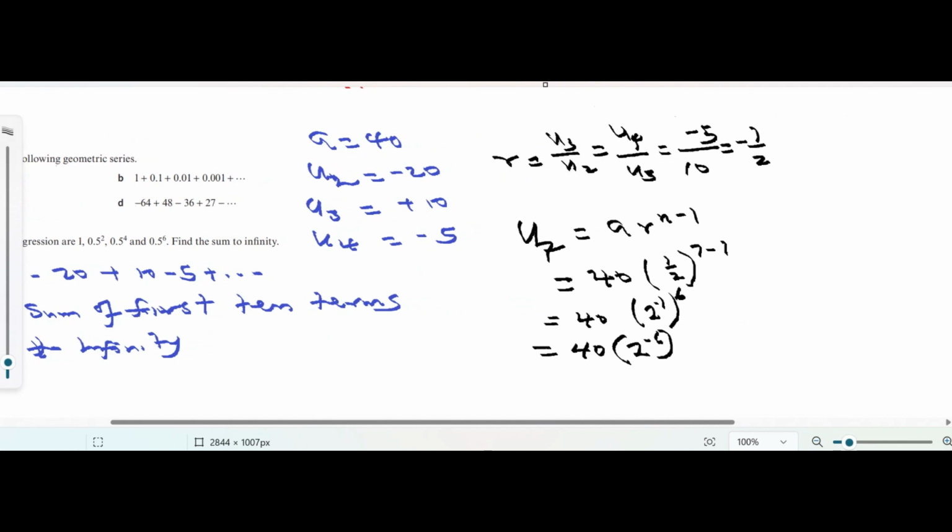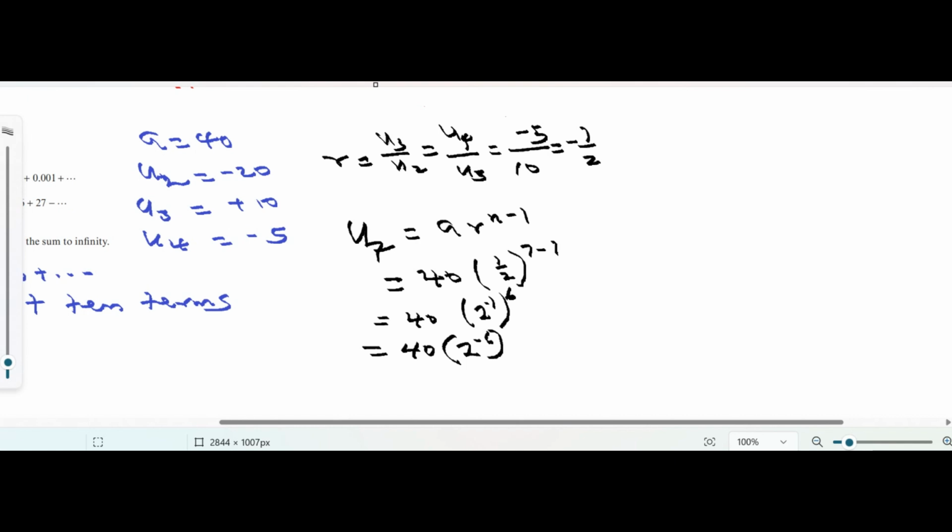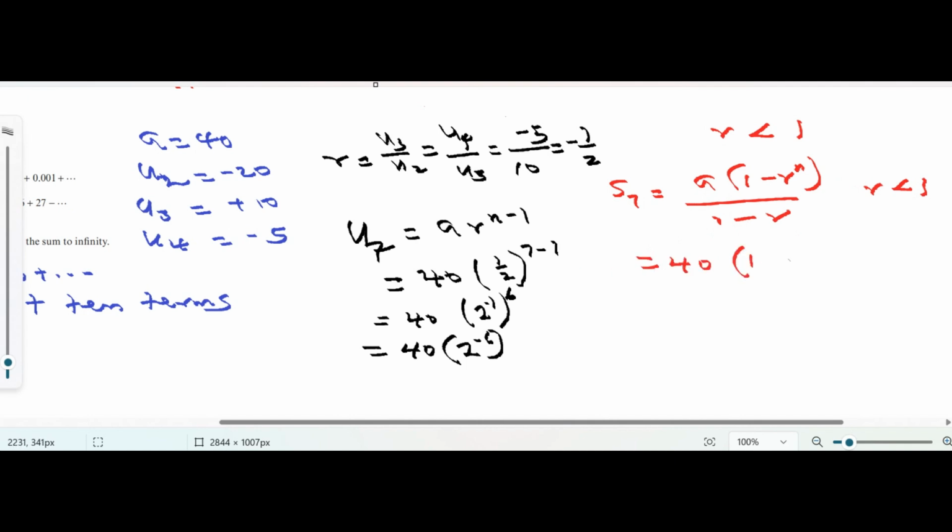So the question asks me to calculate the sum of the first 7 terms. In as much as my R is less than 1, I'll use the second formula, which is A times 1 minus R^n over 1 minus R. So my A still remains 40, times 1 minus (minus 1 over 2) raised to power 7, all over 1 minus (minus 1 over 2).